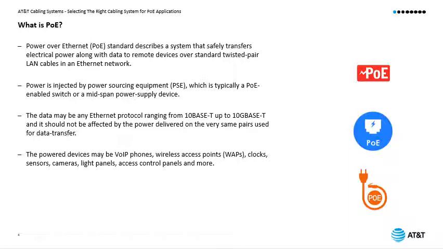The power devices may be voice over IP phones, wireless access points, clocks, sensors, cameras, light panels, any device that need power.